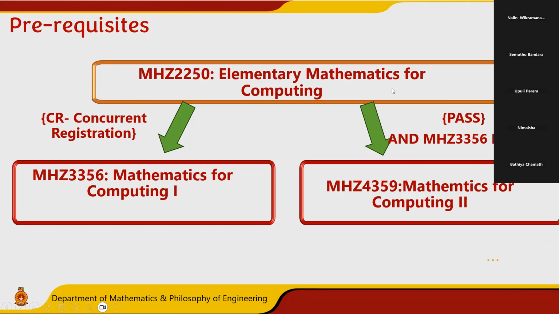For that, you have to pass MHZ 2250, Elementary Mathematics for Computing, and you also have to get eligible in MHZ 3356. That is how this course becomes a prerequisite for these two courses.